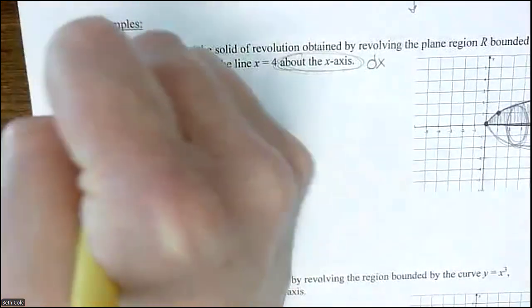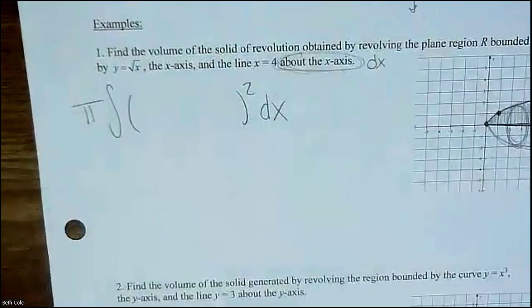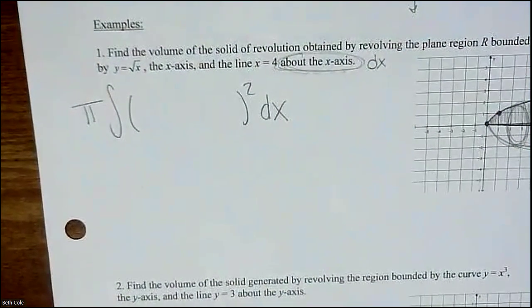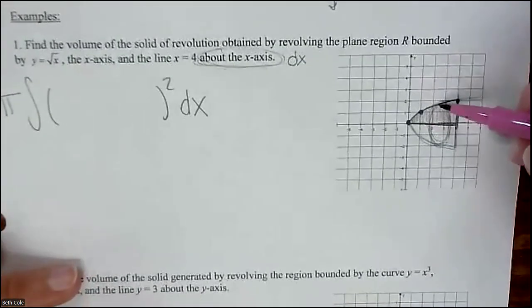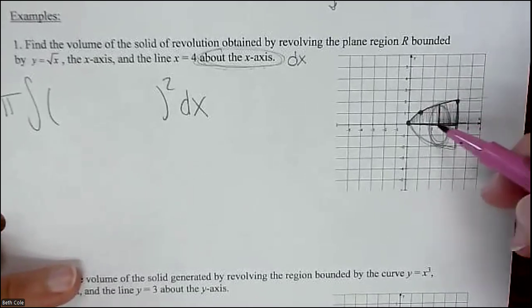I want you to set it up blank. It's going to be pi r squared dx. And it is still either upper minus lower or right minus left. Okay, so let me use a different color and I'll try and get you to see it in here. This is your radius, and it's going to be upper minus lower.